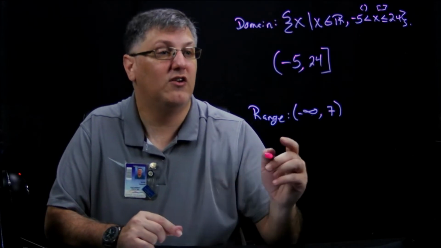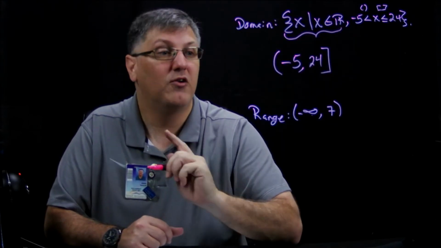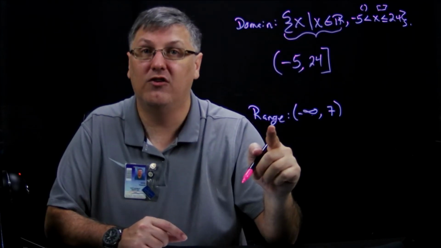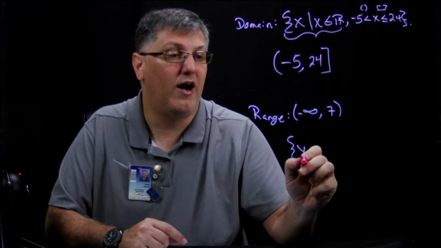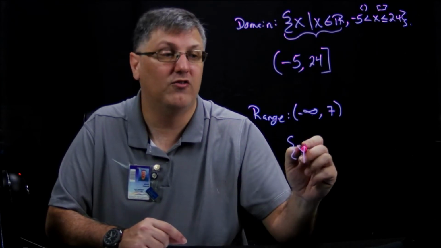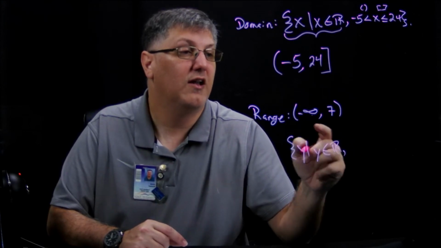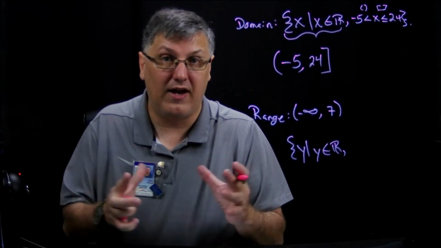So in set notation, this part here is generally always going to be the same, but you have to pay attention to the letters. Domain is my x's, my ranges are my y's. So I need to do the set of y's, because my range is a set of y values, such that y is an element of the real numbers. That covers the interval. So every number is included in that interval.